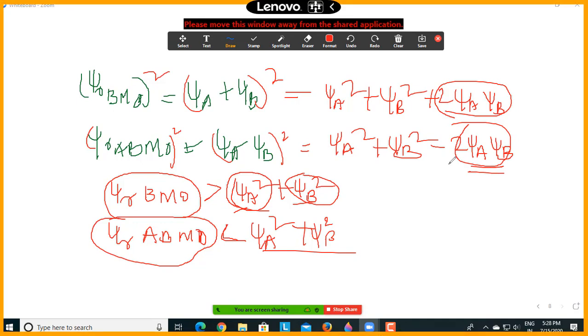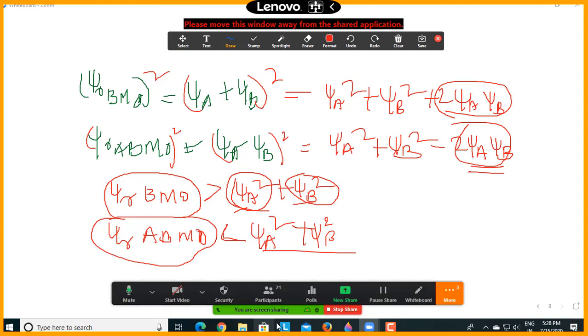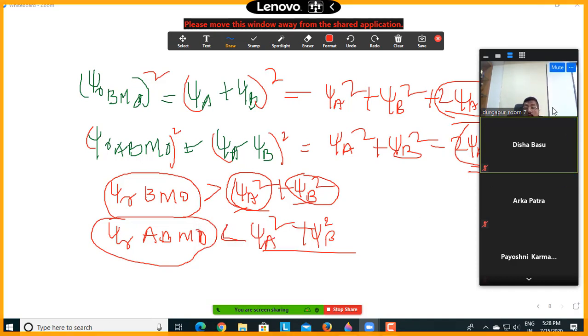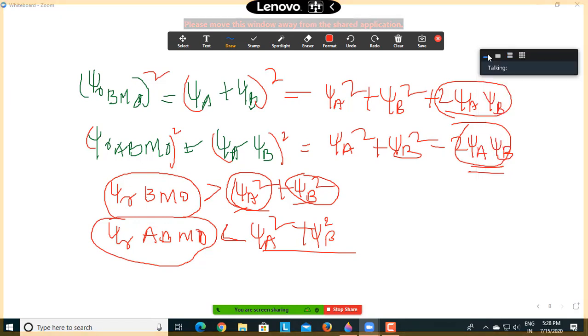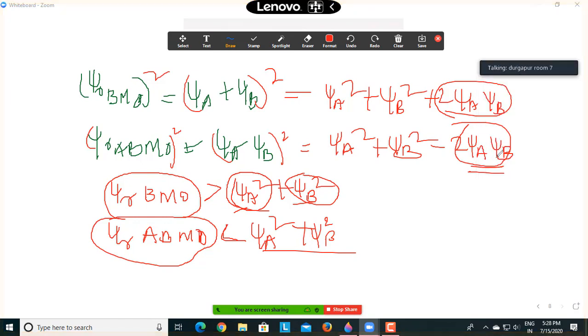That means when two electron waves are mixing, then what will happen? Then electron density may increase, may decrease.